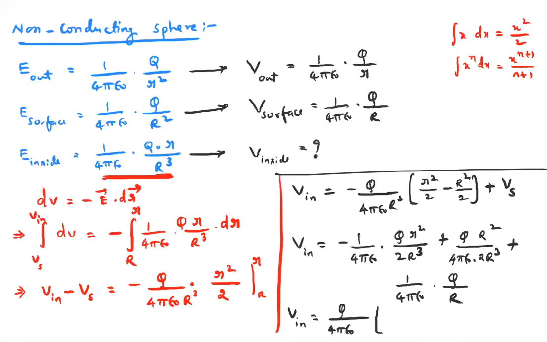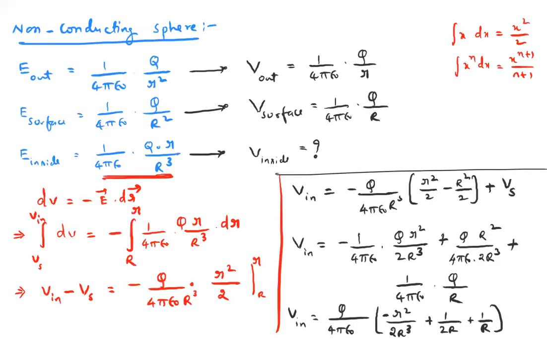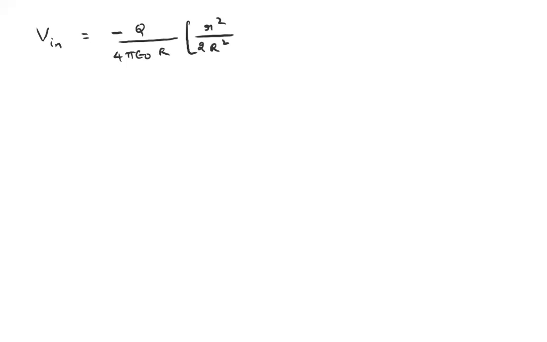Then we will get r square by 2 capital R cube, plus 1 by 2R, plus 1 by R. In the next step, V inside is equal to minus Q by 4 pi epsilon naught, taking common, small r square by 2 capital R square plus 3 by 2.